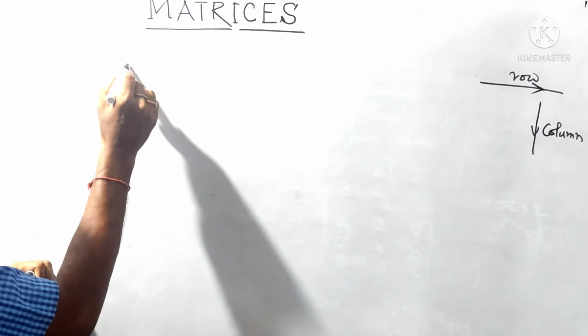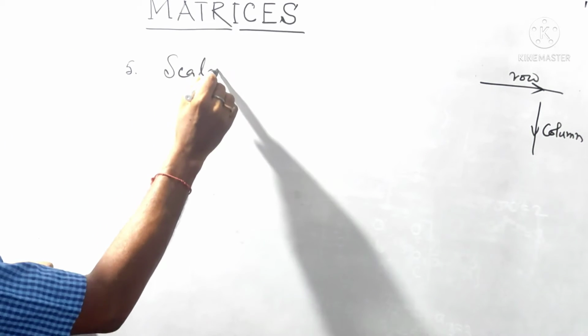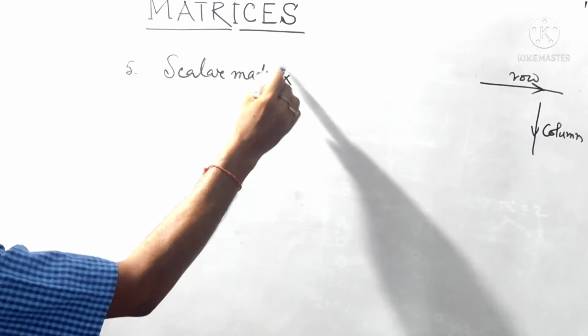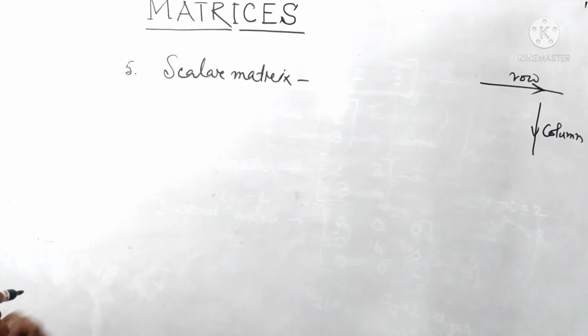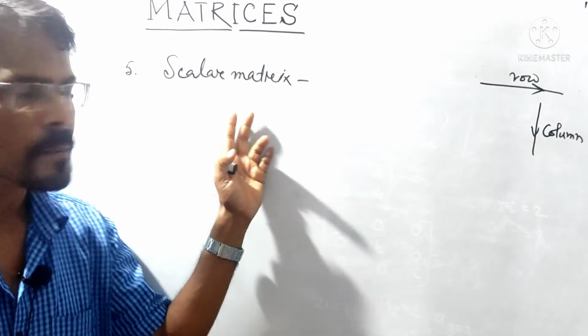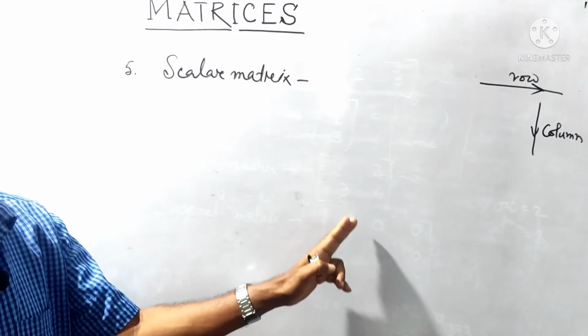So next one, it is scalar matrix. So what is called scalar matrix? Scalar matrix is also one kind of diagonal matrix. But in this diagonal matrix, the diagonal elements are the same.